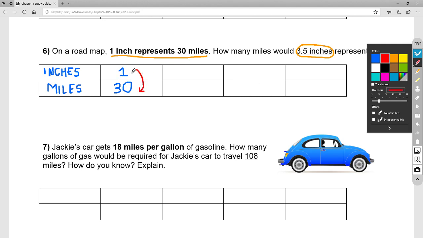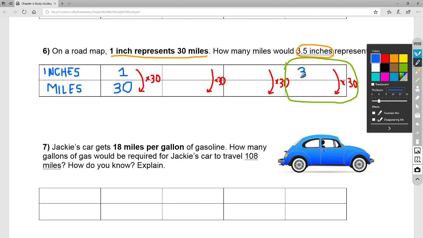We're going from 1 to 30, so in this case it's times 30, which means everything gets multiplied by 30. In the last box, I'm going to put a rectangle to show that's where my answer is going to go.